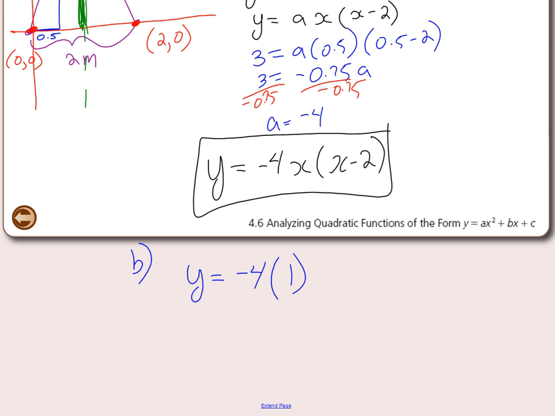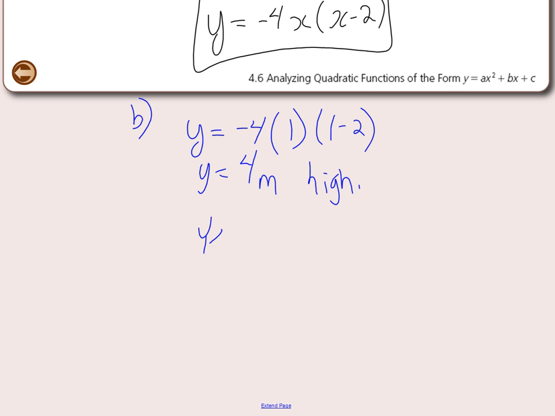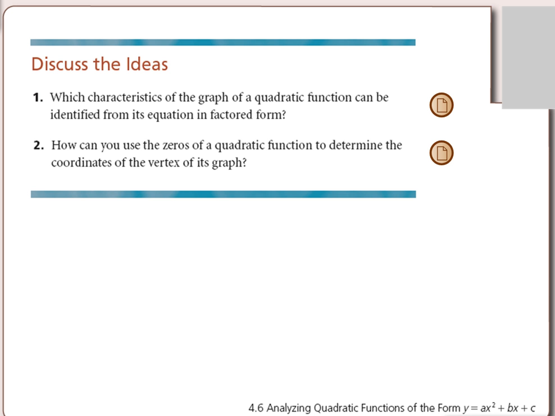This is part B: y equals negative 4 times 1 minus 2, so y equals 4. Our maximum height is 4 meters. Can something 3.5 fit through there? Yes, it is high enough to get something 3.5 meters through it.